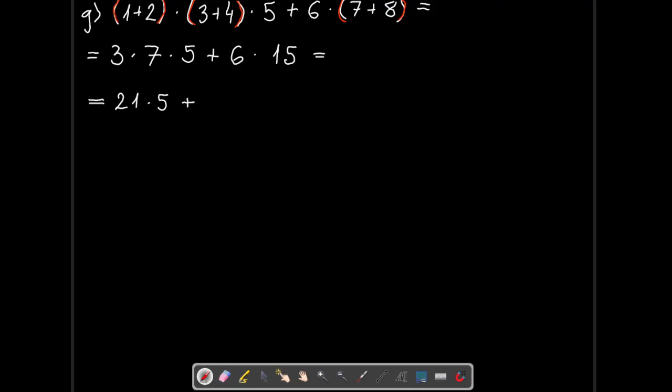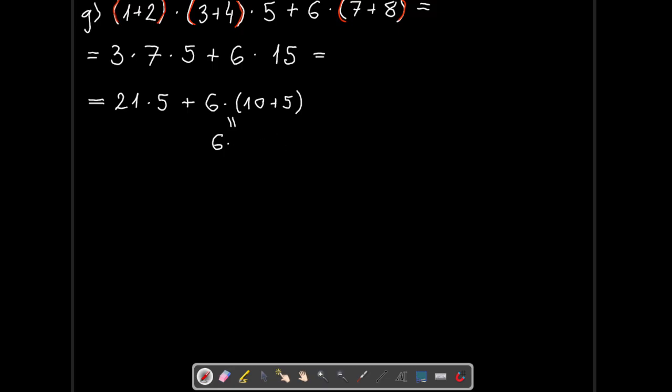And 6 times 15, first transform this into 6 times 10 plus 6 times 5.